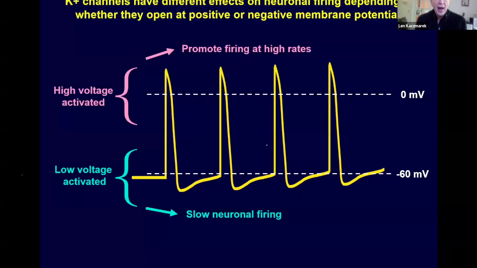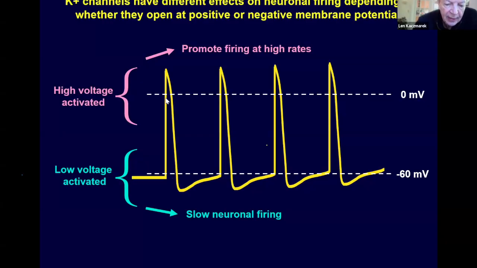Okay, so I now need to make a point about potassium channels that even many neuroscientists don't fully appreciate. A potassium channel can either increase or decrease the activity of a neuron, and it depends on when it opens. If a potassium channel opens only during the peak of an action potential, its job will be to repolarize the membrane potential much faster.